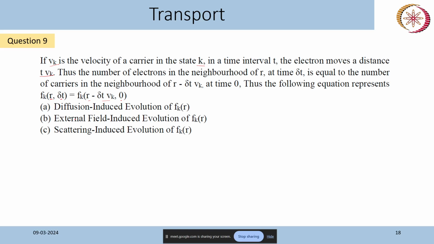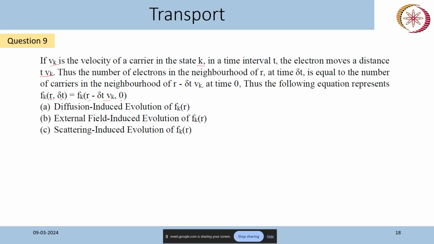So essentially the carrier distribution function f is a function of r, k, and t.